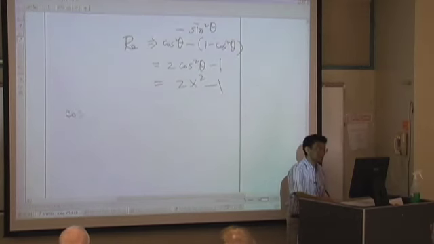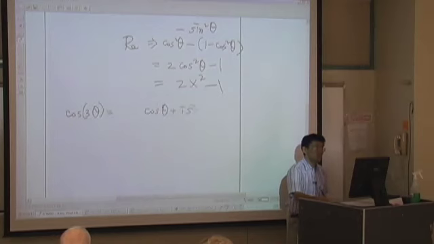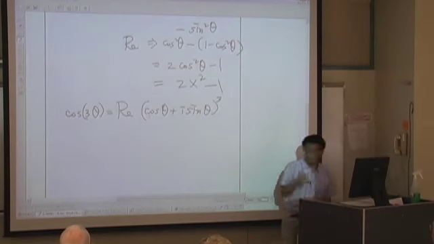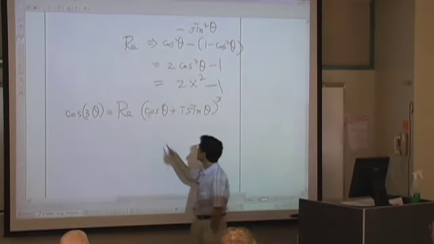Then the next thing is cubed, right? Cosine 3 theta is equal to the real part of cosine theta plus i sine theta, cubed. So let's cube this thing.